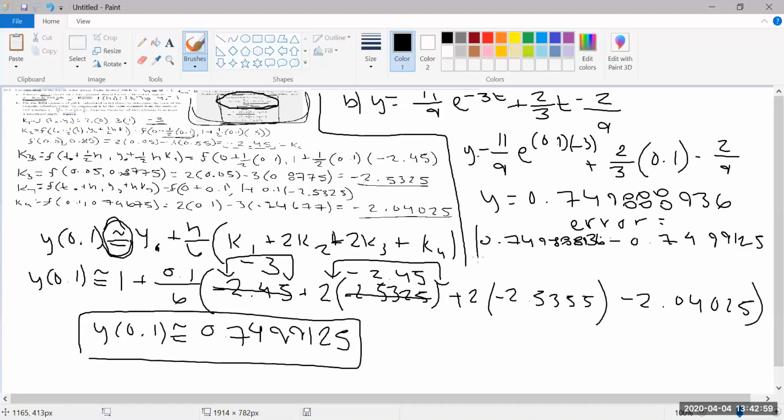And like I said, absolute value on those, and you can solve for your error is equal to 2.3564 times 10 to the -5. And that is how you solve this problem.